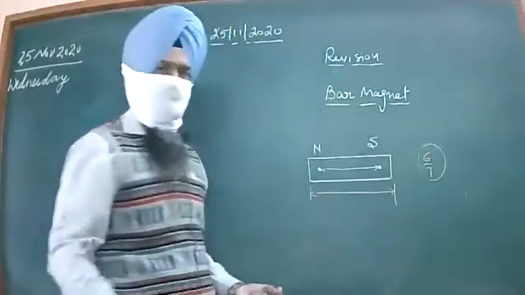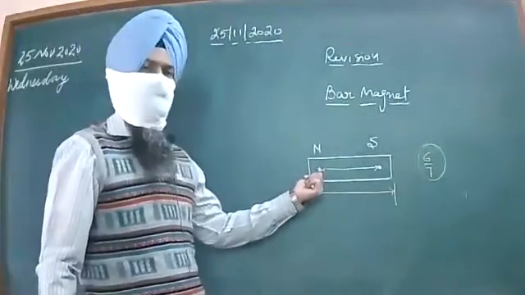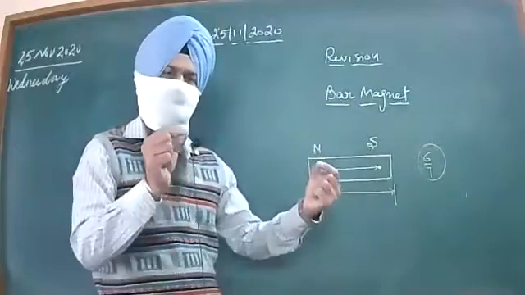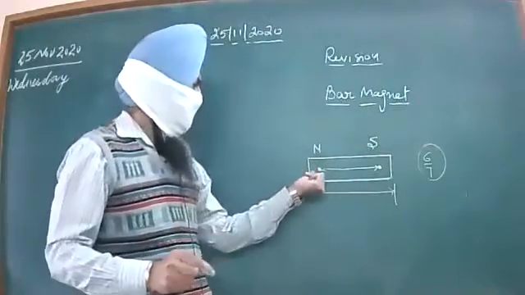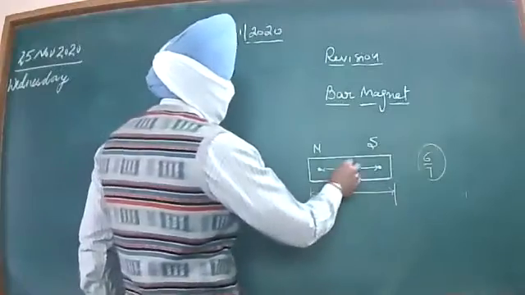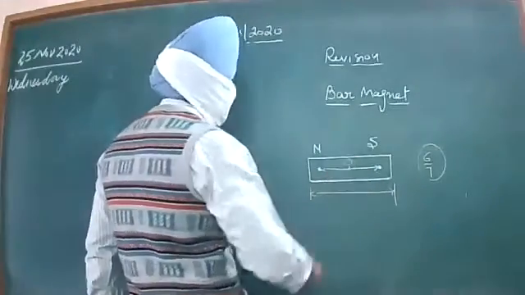It is just because the north pole and the south pole are not at the exact ends, but a little bit inward, as indicated in the diagram. And once more, let this be the center of your magnet.